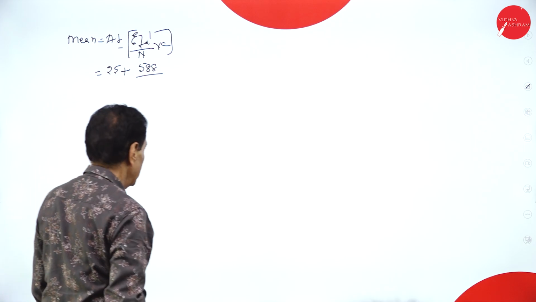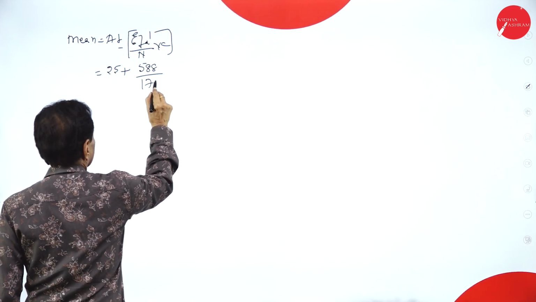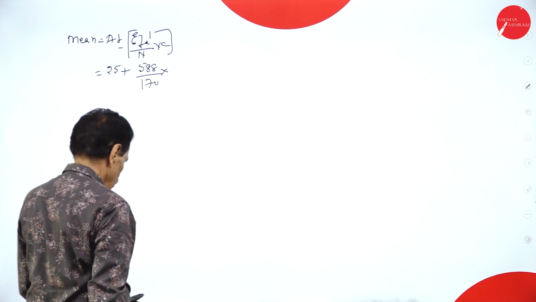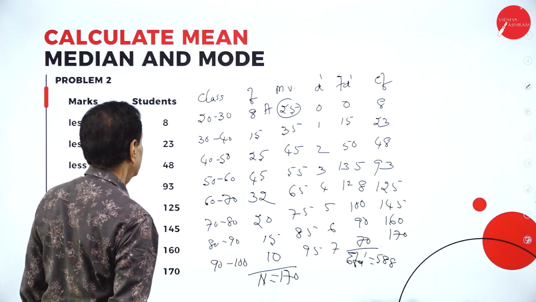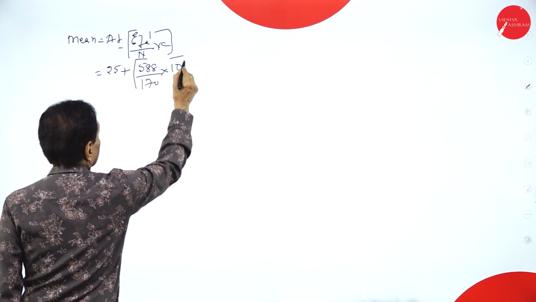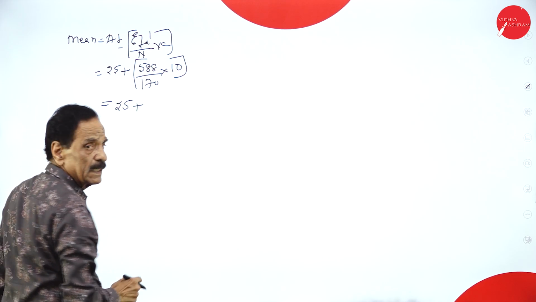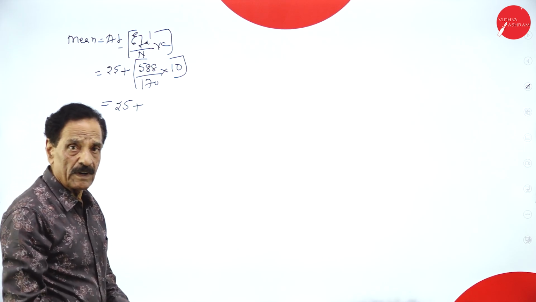Number of frequency, 170, into your class interval, which is 10. Simplify. 25. See this? You have to apply the formula.